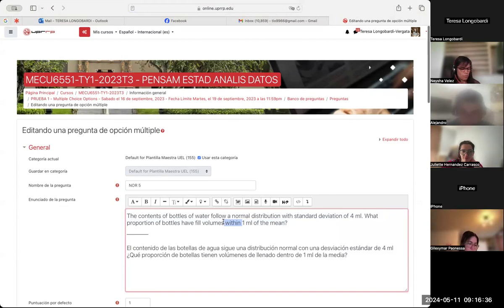Within is more like a between statement. Let's just do that. I'll show you that. There's a lot, it looks like there's a lot of information missing, right?